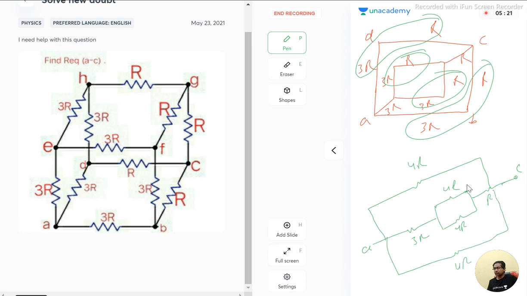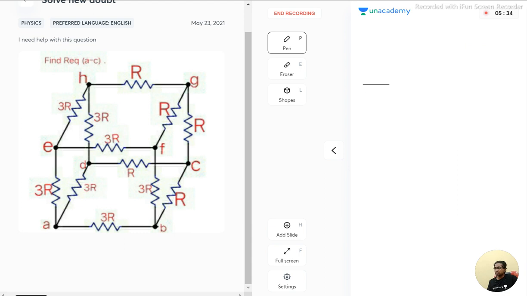These 4R are in parallel, so this is 4R times 4R by 8R, which is 2R. So this is 3R, then we have 2R, then we have R. This is point A, this is point C, and this is 4R, and this is 4R as well.